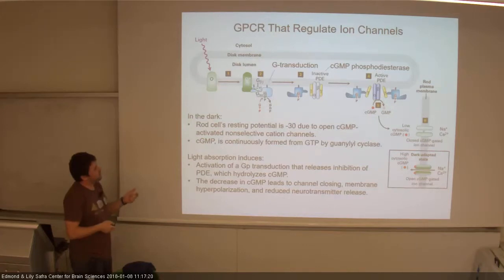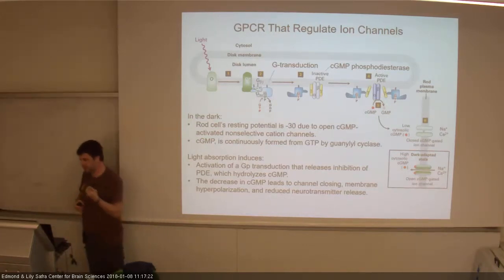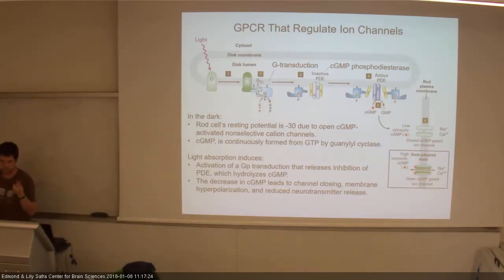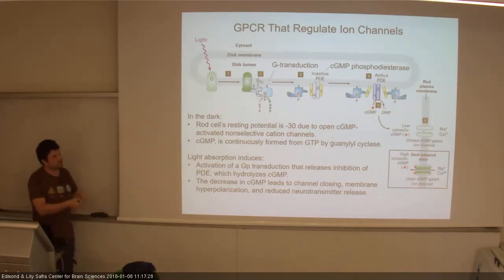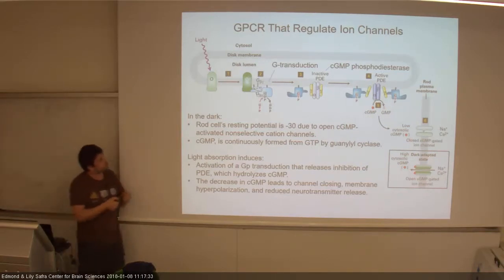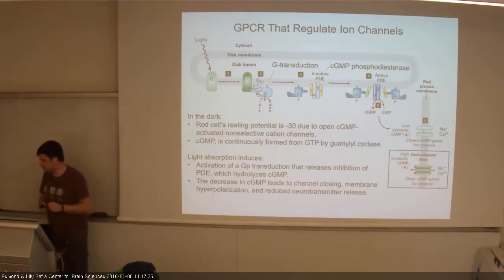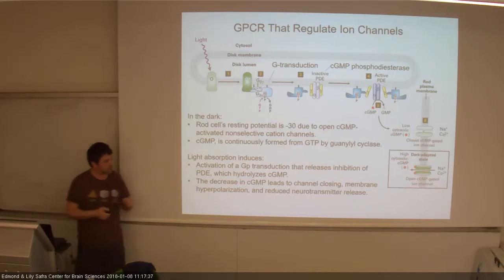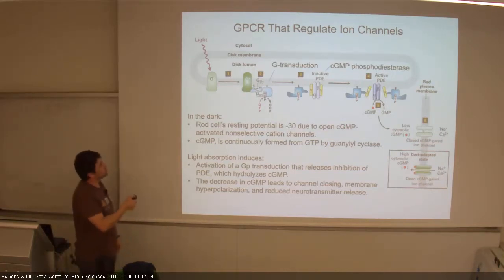So again, when you think about vision, this process seems very, very slow, right? For this entire cascade to happen, it takes up to 20 milliseconds, which is very slow in molecular terms.